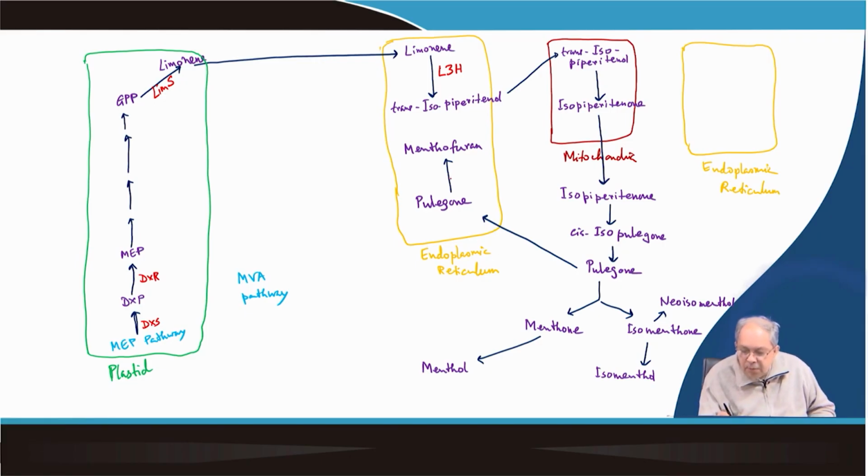So, MFS will be here, and IPR will be here, which converts isopiperitenone to isopulegone. And another important enzyme is IPGI.